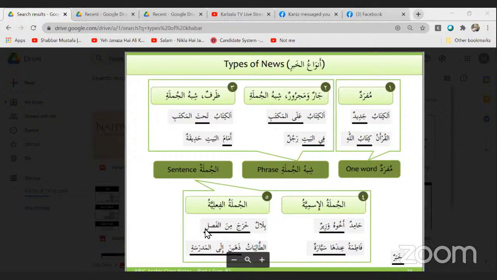Sheikh, what is jumla fi'liya? Verbal sentence. Jumla fi'liya and jumla ismiya. Okay. Like one thing, when we say Fatimatu indaha sayyarati, it's khabar and mubtada, right? What if we want it to be an adjective?